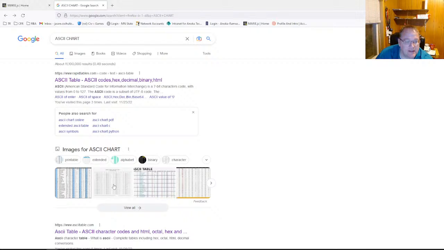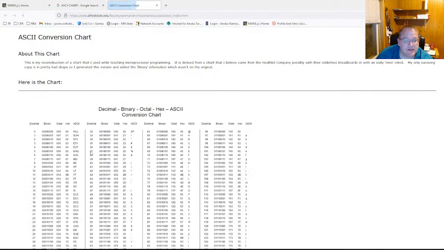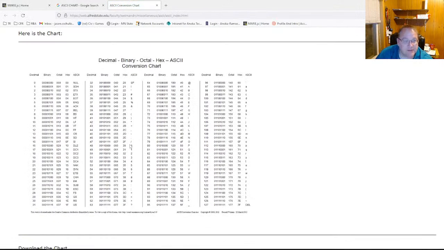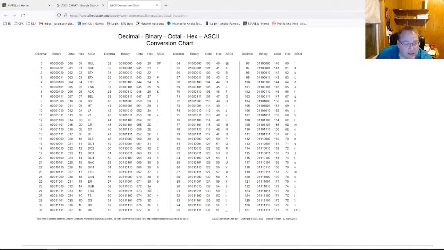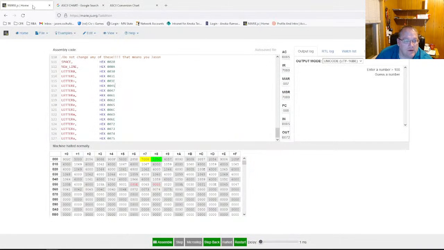I want one that's all on one screen, so it's easy to read. It's not the greatest, but it'll function. Okay, so I'm looking for the colon. Okay, the colon is hex 32. We go here. Letter colon, comma, hex 0032.